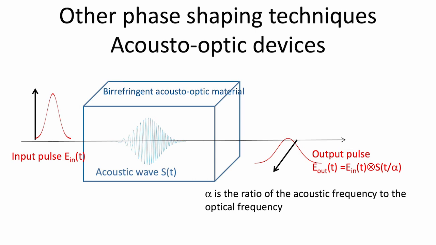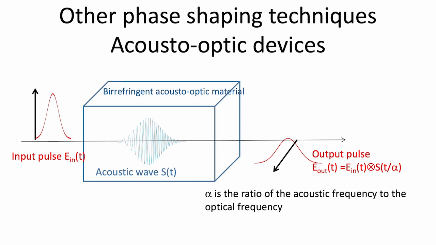The other device that you can use is an acousto-optic device. This is a birefringent acousto-optic material where the blue signal here is the acoustic wave, S, that depends on time. You have an input pulse, E input, that depends on time. At the output, what you get is the convolution.